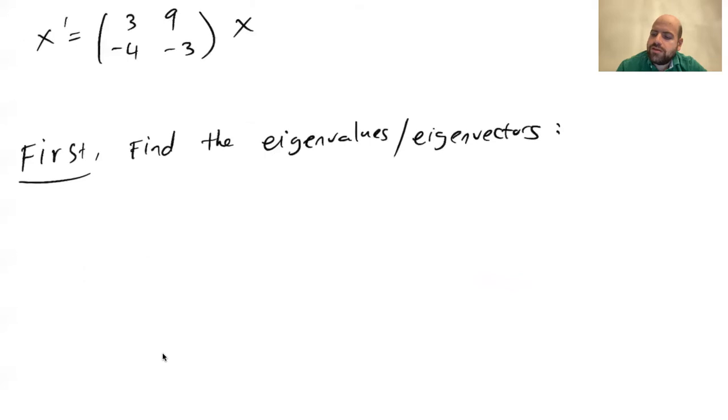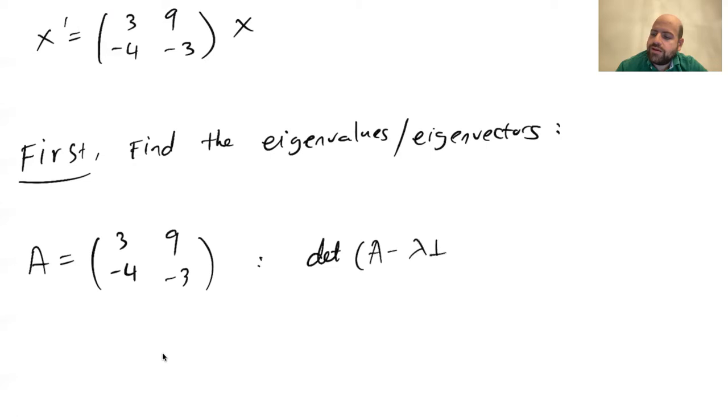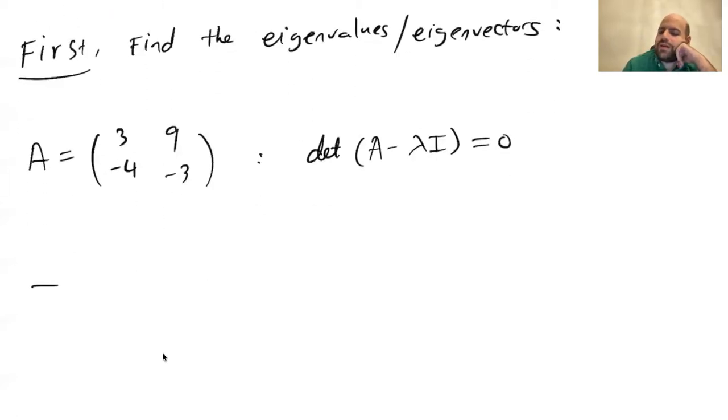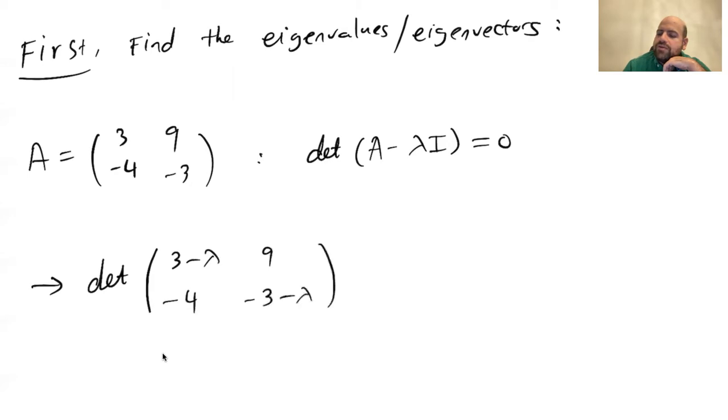So here the matrix A is 3, 9, minus 4, minus 3. So I need to set determinant of A minus lambda I equals 0 in order to find the eigenvalues. And I here is the identity matrix. Then this gives me determinant 3 minus lambda, 9, minus 4, minus 3 minus lambda equals 0.